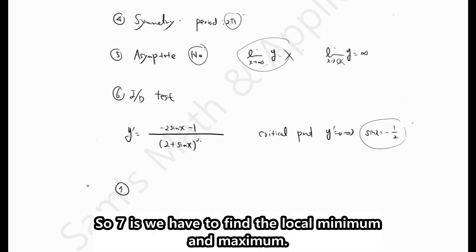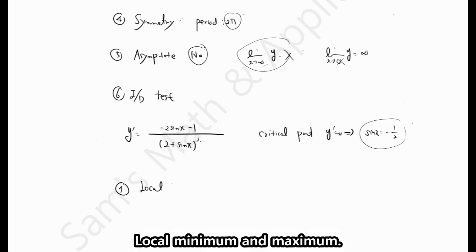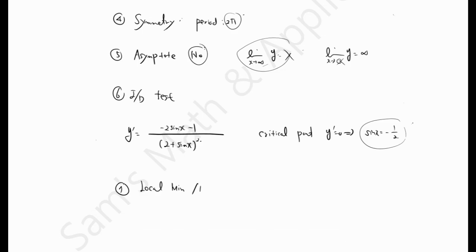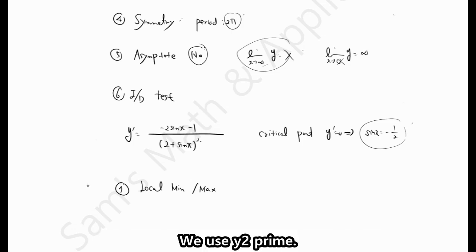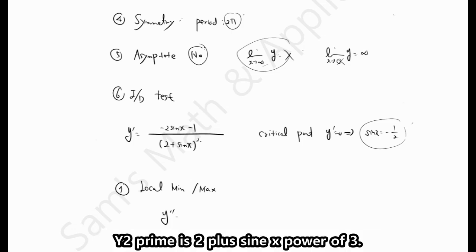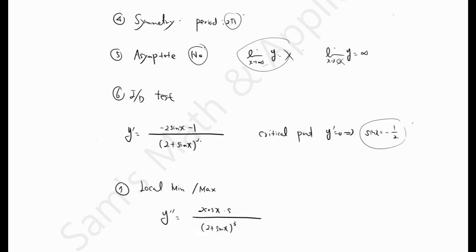Next we have to find the local minimum and maximum, and we have to find the concavity. Next step, we use y2 prime. Y2 prime is over 2 plus sine x to the power of 3, times 2 cosine x and sine x minus 1. Correct?